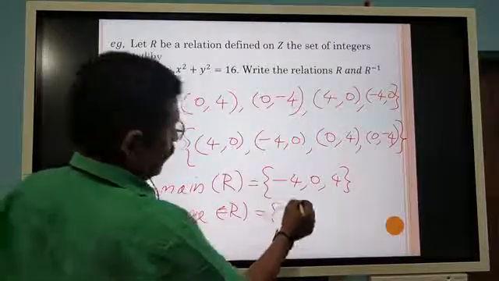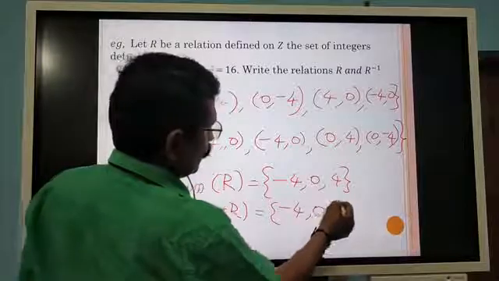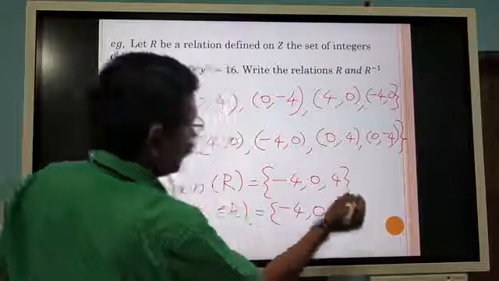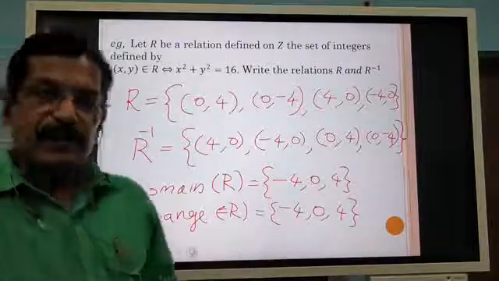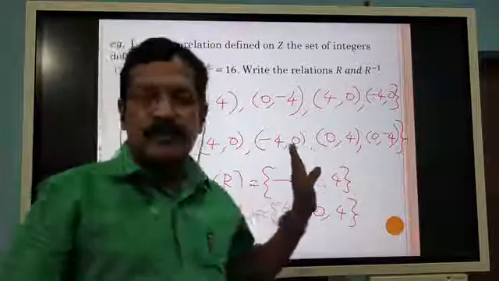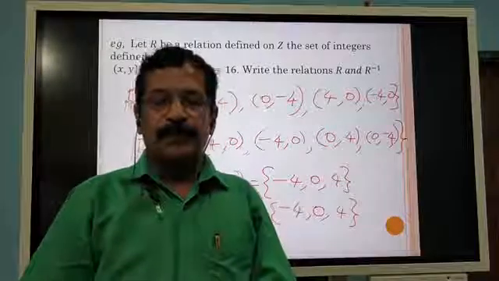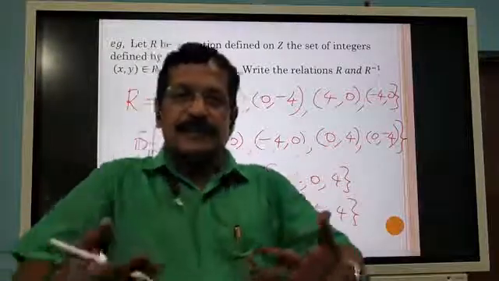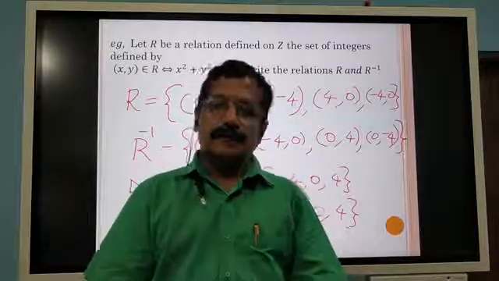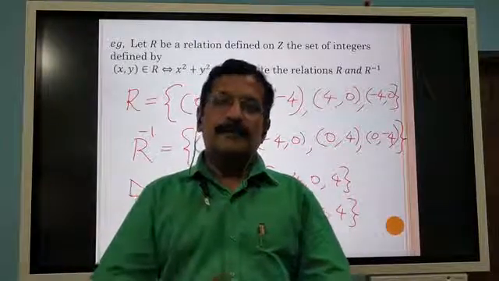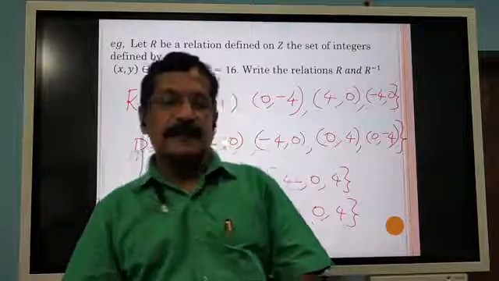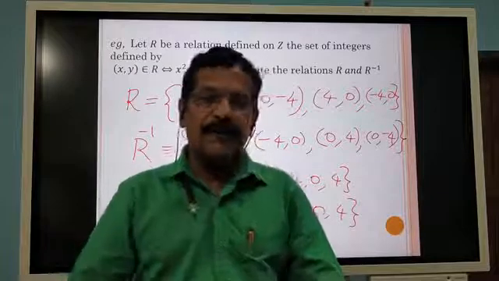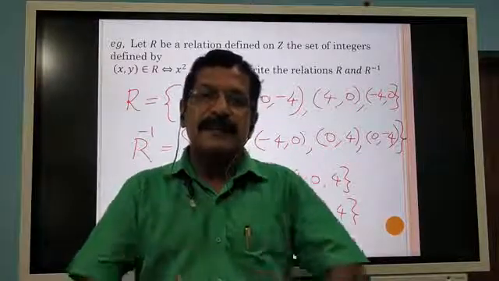So it is again minus 4, 0, 4. So the domain of R and the range of R are both the same here. So these are the things we have studied in class 11. Now we have to discuss different types of relations, which we can discuss in the next session.